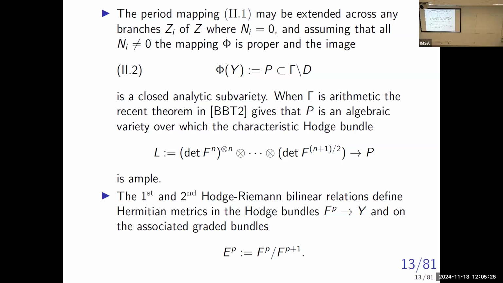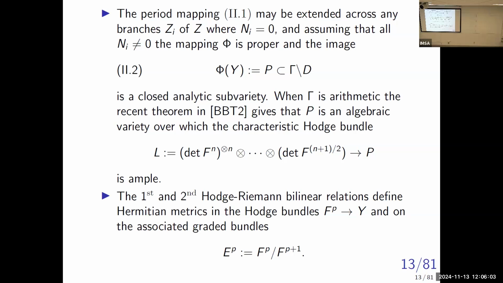And a recent theorem by Bakker, Brunebarbe, and Tsimerman shows that the image is an algebraic variety. So even though the integrals that arise in Hodge theory, integrals of algebraic differential forms over topological cycles, are highly transcendental objects, nonetheless the image is an algebraic subvariety in this analytic variety.